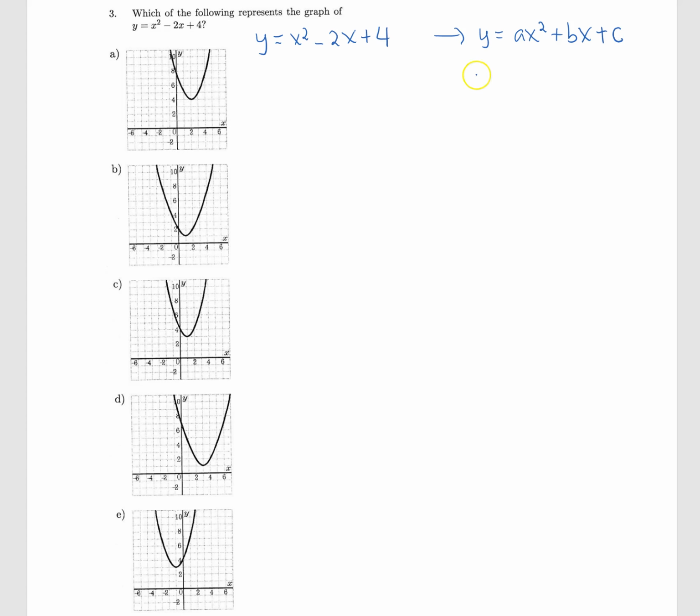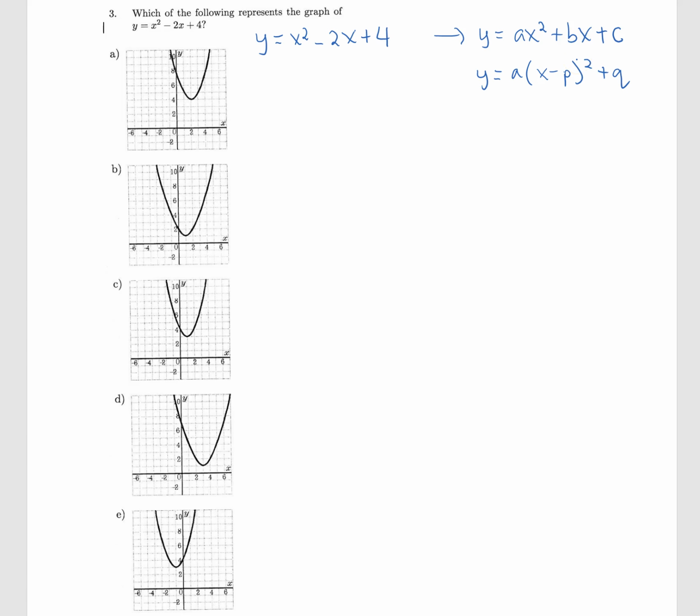And what we want to do is get it into the form y equals a times x minus p squared plus q. So when we have p and q, it's really easy to visualize what this graph looks like. So what we want to do is change the form of this equation, and from your notes there are expressions or equations given for how these variables correspond to each other.